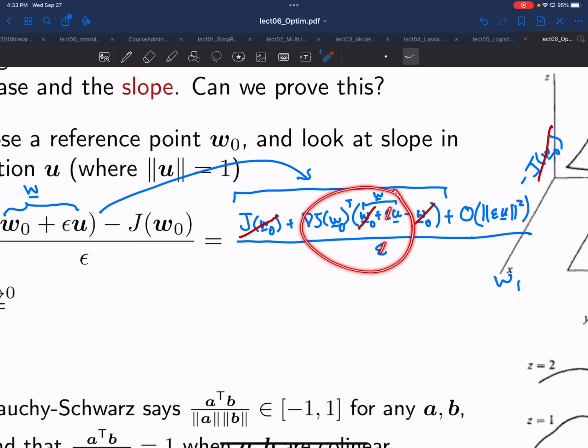You're just going to get this transpose u. So I'll write that on the left. We get the gradient of J evaluated at w0, transposed, times u.